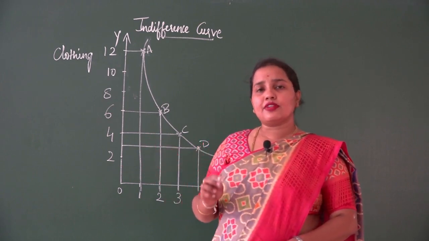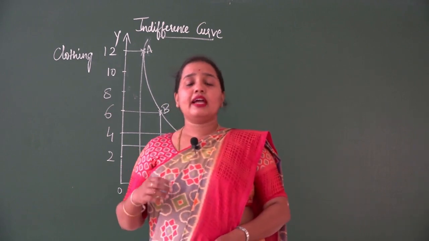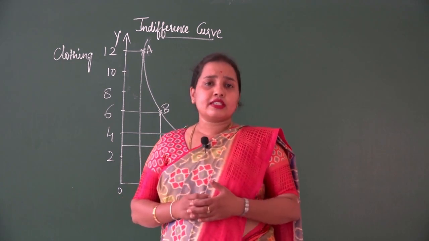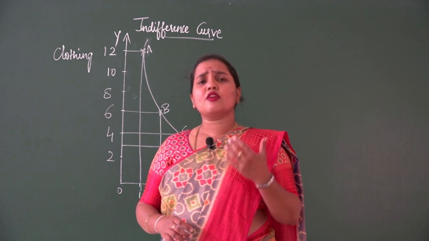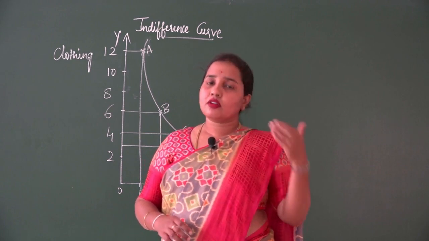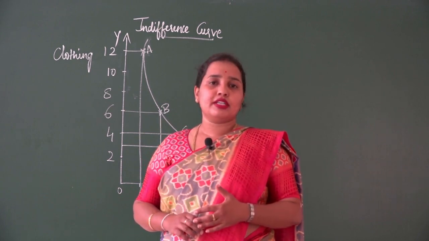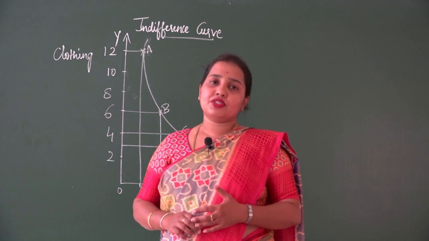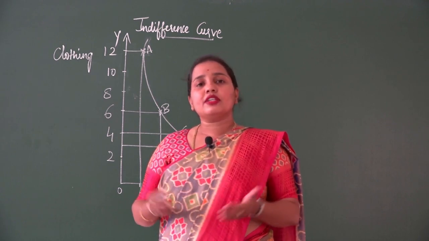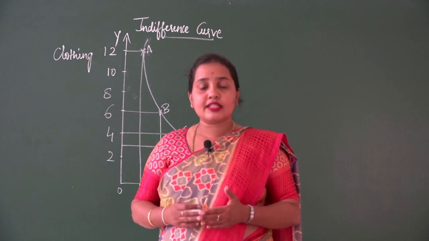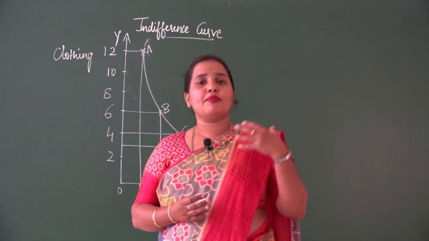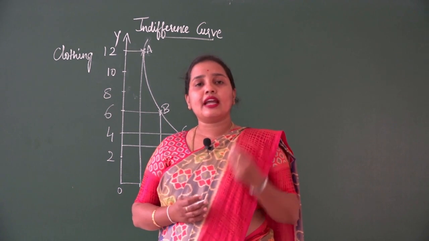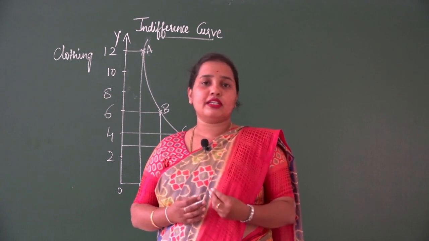What is an indifference curve? In this indifference curve, our main interest is to see the combination of the quantities of the two commodities that the consumer will purchase. Whatever combination he chooses, he derives the same level of satisfaction, the same level of utility.